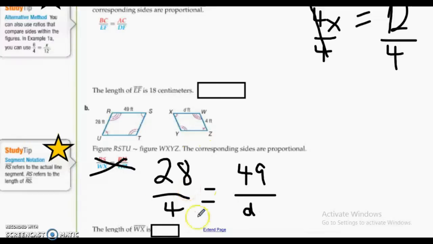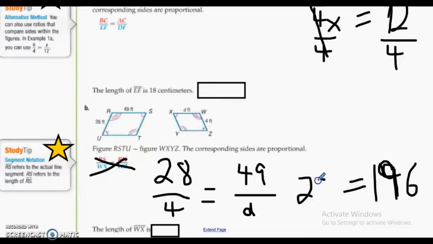Alright, now it's just cross multiplying and again dividing. So 4 times 49, I believe, is 146. No, 196. Mental math is a struggle for me today at home. 196 equals 28D. When I cross multiply there. And voila, I divide by 28 on both sides.